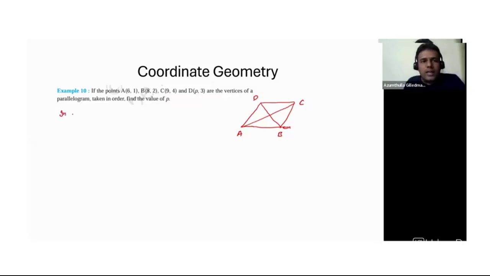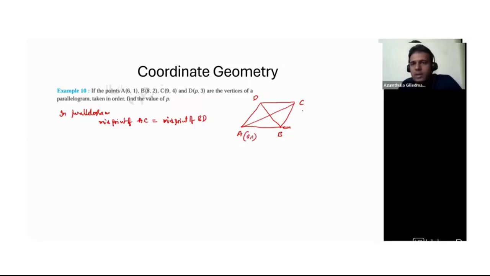So in a parallelogram, midpoint of AC should be equal to midpoint of BD. Then you can find that value. So what is A here? A is (6, 1), and C is (9, 4), B is (8, 2), and D is (p, 3). So that p we need to find.